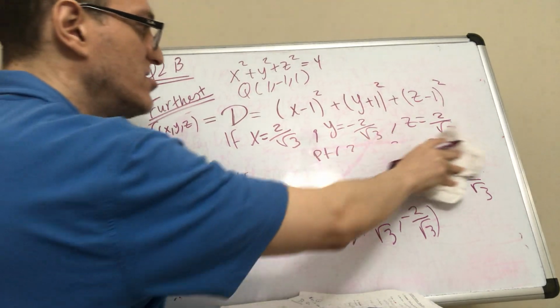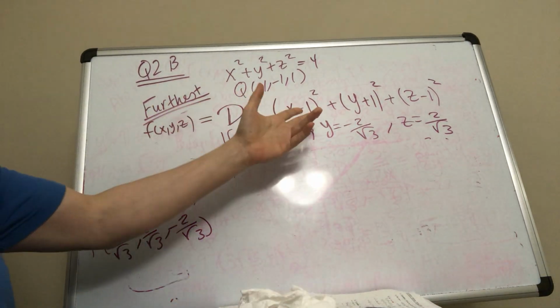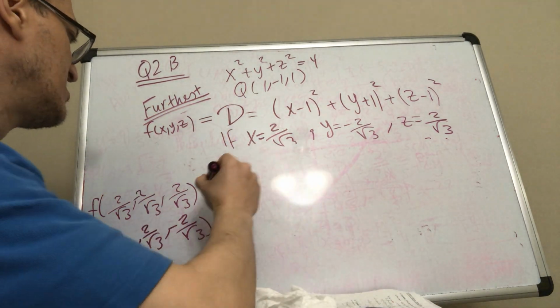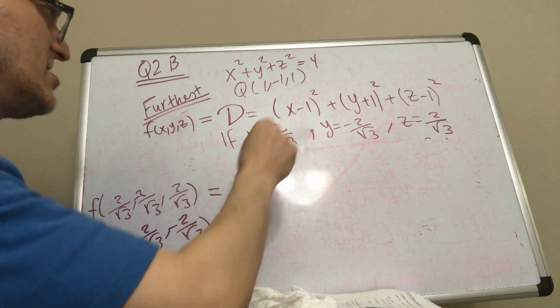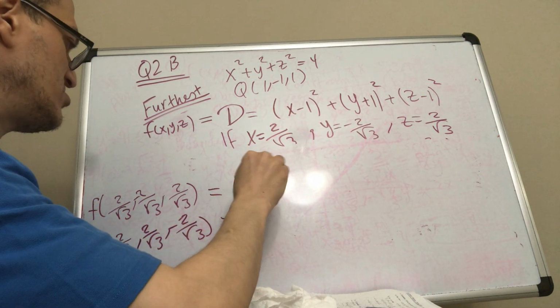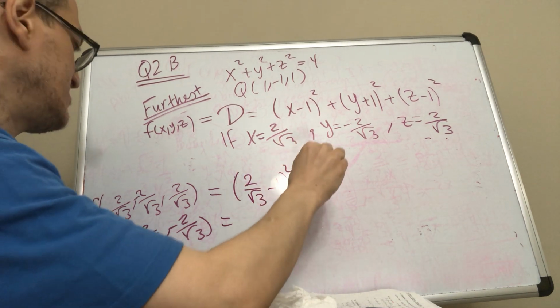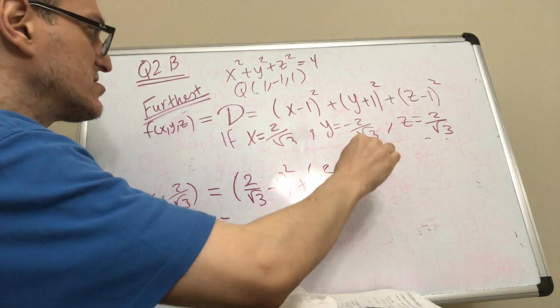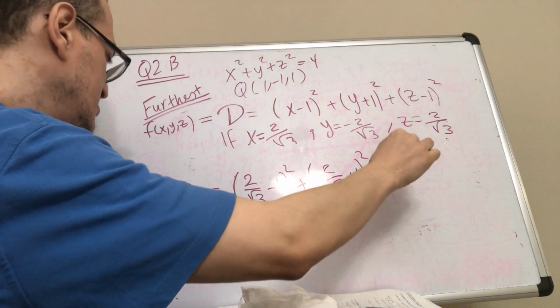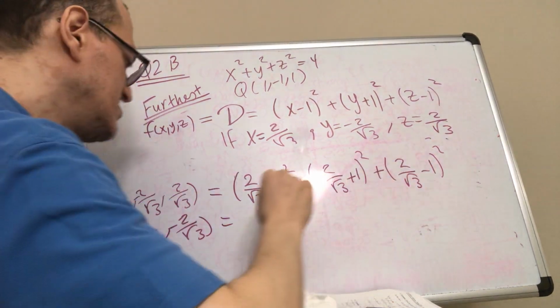You plug them all into this function. So it's a headache. I don't want to waste time, but basically it would be (2 over root 3 minus 1) squared, (negative 2 over root 3 plus 1) squared, and (2 over root 3 minus 1) squared.